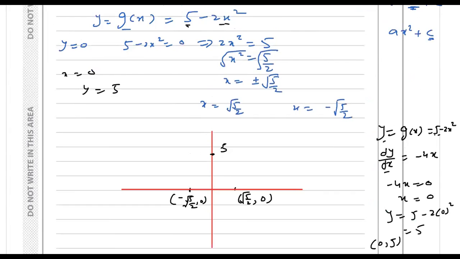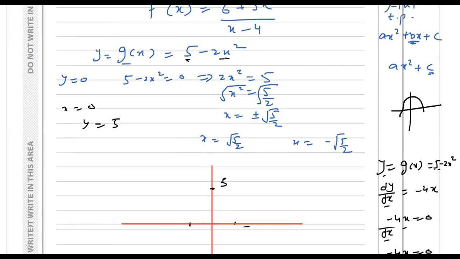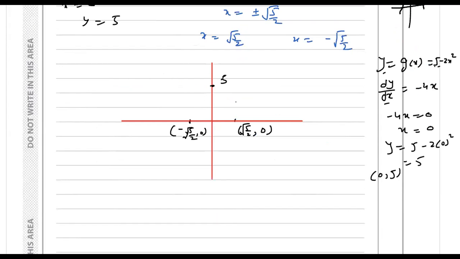If you sketch completely, the complete sketch will be like this, but we don't have to go to the positive side, so it will be like this. This is the graph of g of x, because it gives a restriction that x must be less than or equal to 0, so I will just keep the negative side.